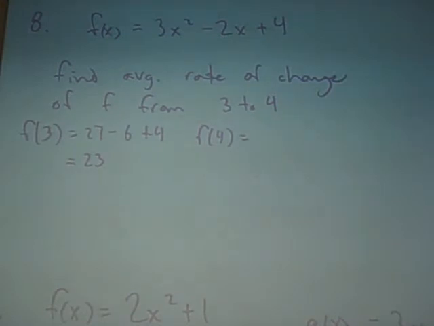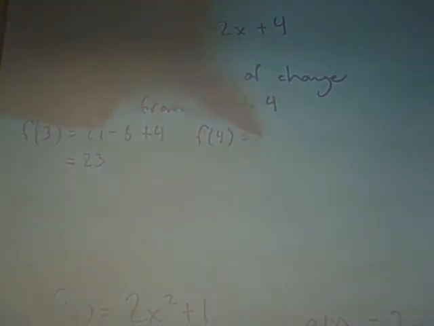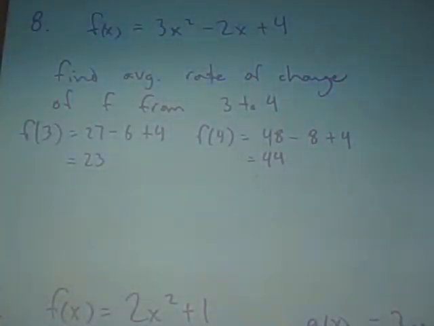And f of 4 is 4 squared is 16. 16 times 3 is 48. Minus 2 times 4, so minus 8, plus 4. So 48 minus 4 is 44. Okay. And so basically what we're going to do is just find the average rate of change.